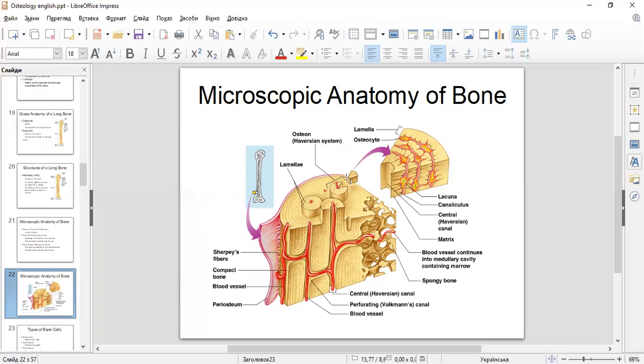Osteon, Haversian canal, perforating canal. Inside, you can see blood vessels and nerves.